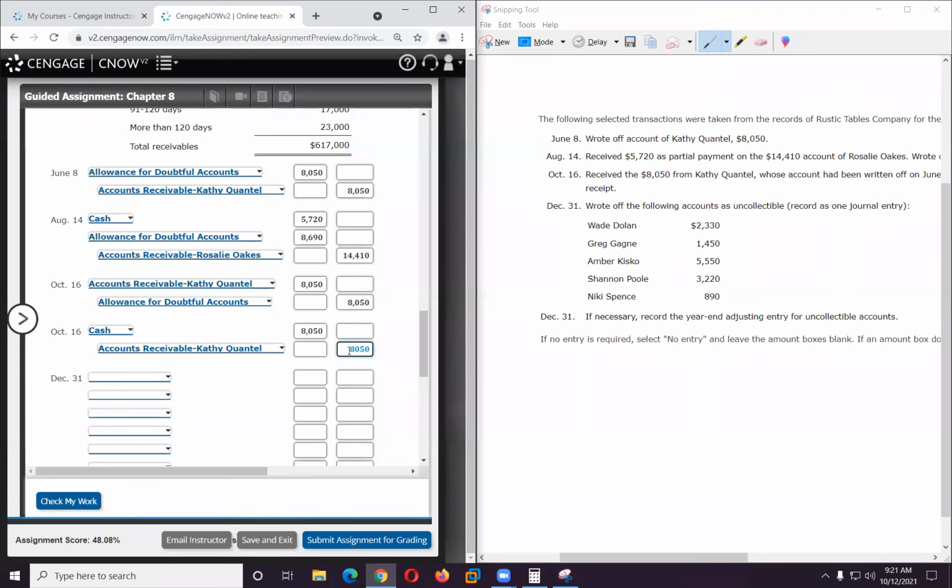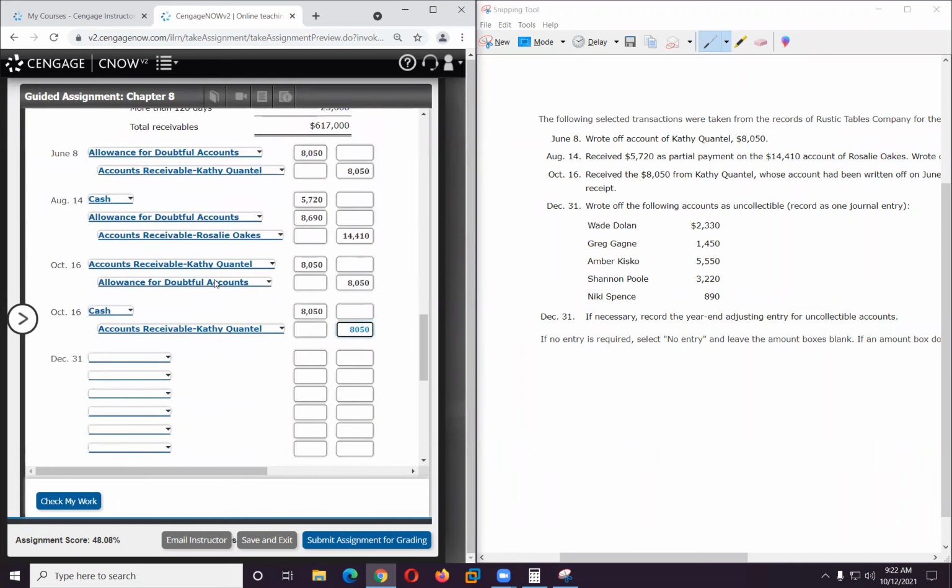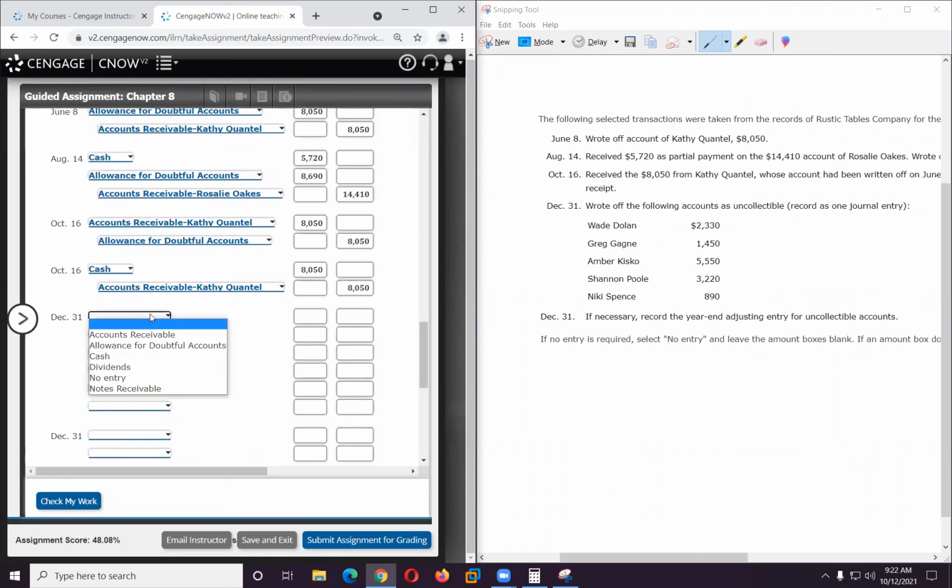On December 31st, we write off all these accounts as uncollectible. Again, when we did the direct write-off method up here, all we did was debit bad debt expense and then credit all of those accounts receivable accounts. Well, here we're just going to debit the allowance for doubtful accounts and then credit all of those accounts receivable accounts.